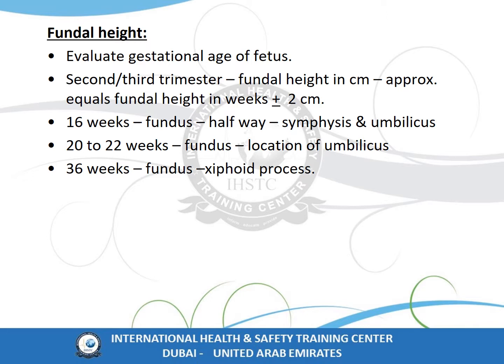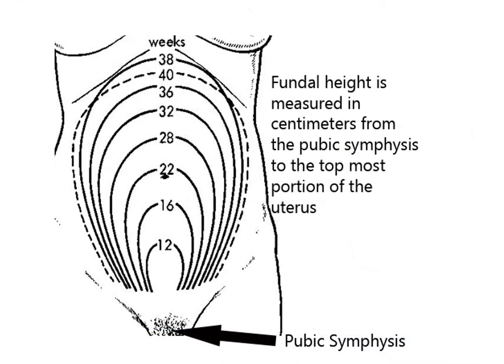And at 36 weeks, the fundus is at the xiphoid process. When assessing the fundal height, monitor the client closely for supine hypotension. So now this picture refers to the fundal height by weeks of normal gestation with a single fetus.